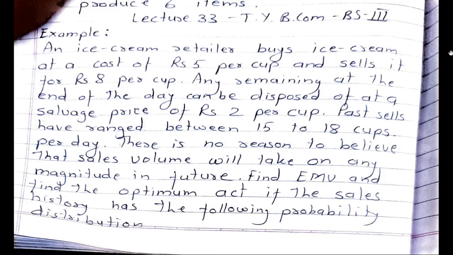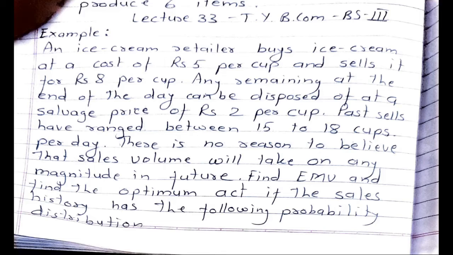See the example. An ice cream retailer buys ice cream at a cost of rupees 5 per cup and sells it for rupees 8 per cup. Any remaining at the end of the day can be disposed of at a salvage price of rupees 2 per cup.